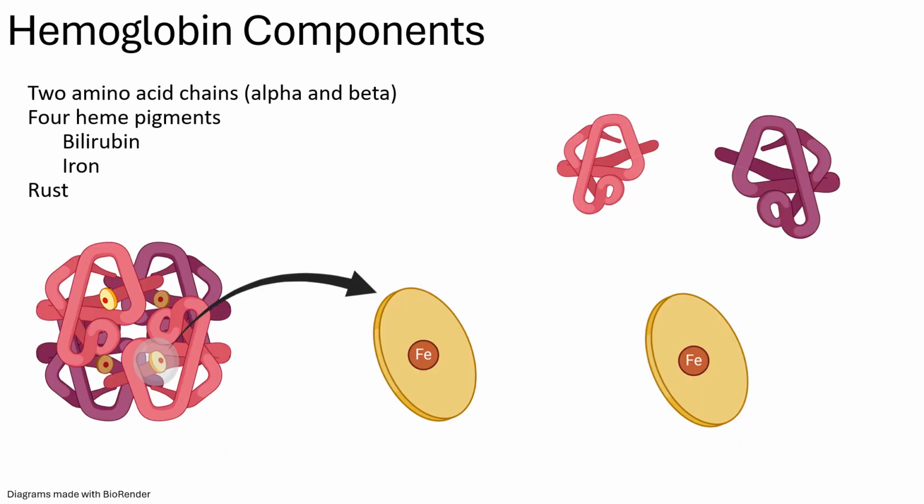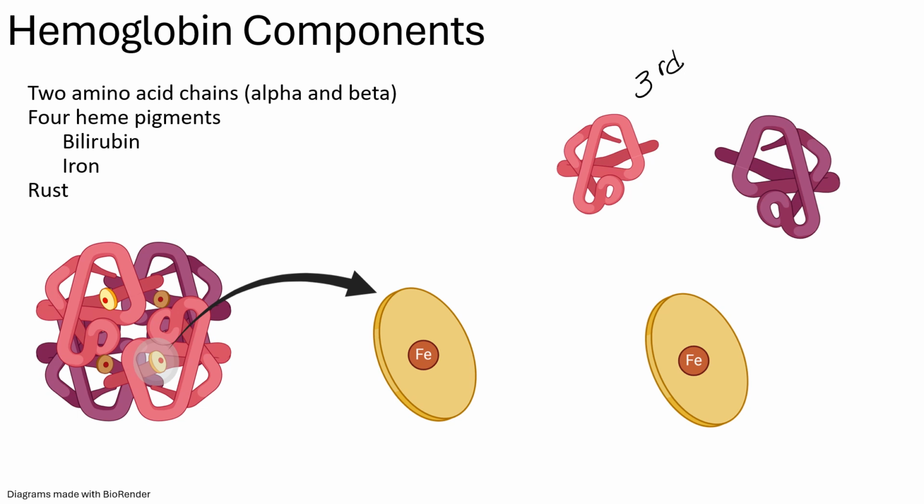Hemoglobin actually contains two amino acid chains, one referred to as alpha and one referred to as beta. Whichever one you want to refer to as alpha and beta in my picture is your choice. These amino acid chains, the alpha and beta, are tertiary or third level structures.